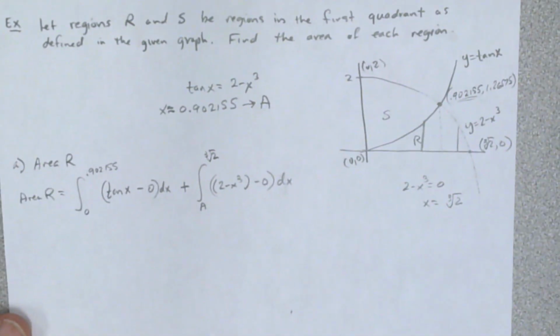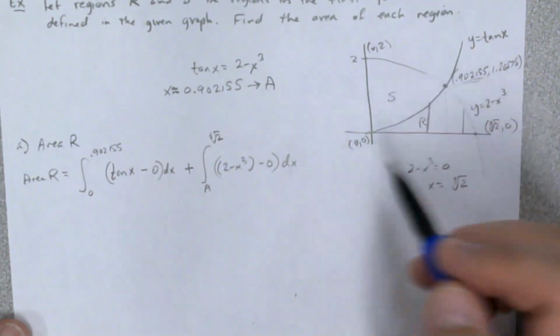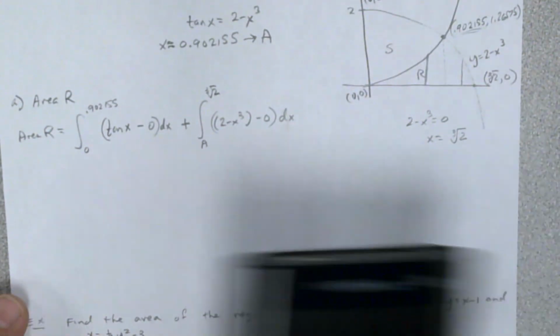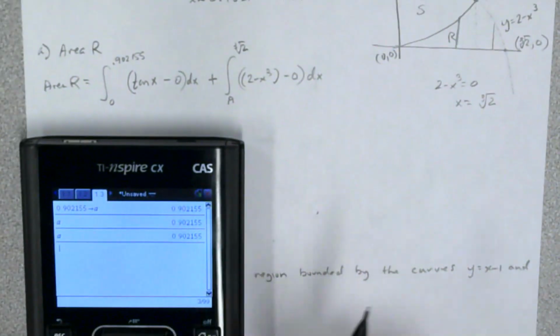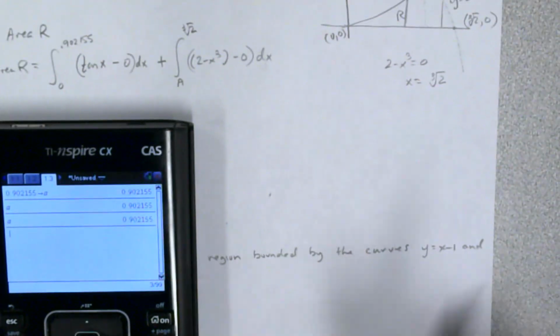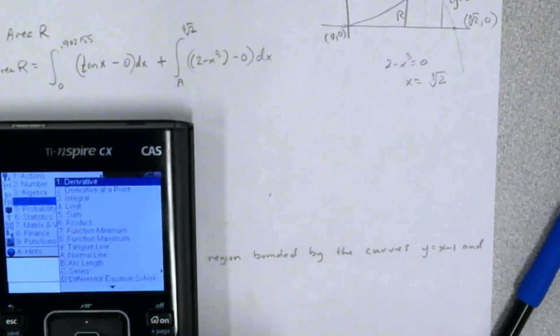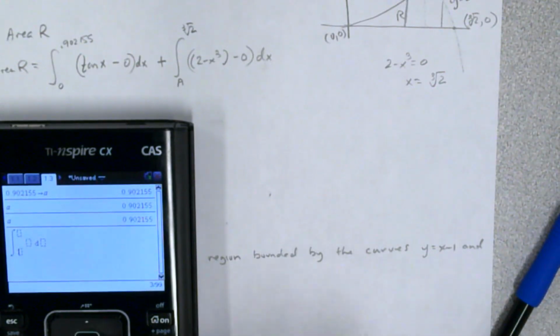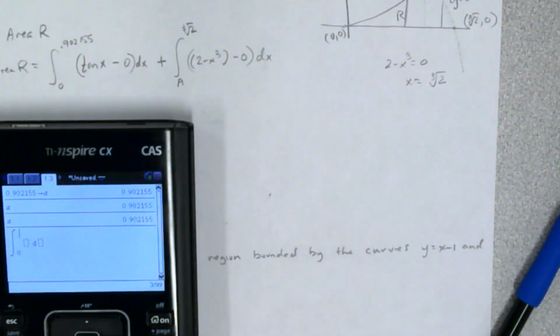Okay? So usually in this situation, because we had to find the point with a calculator, this is a calculator problem. So let's go type this into our calculator so you can see how it's done. We're going to go into menu, calculus, and do an integral, and our limits are from 0 to that number, and I can type in 0.902155.